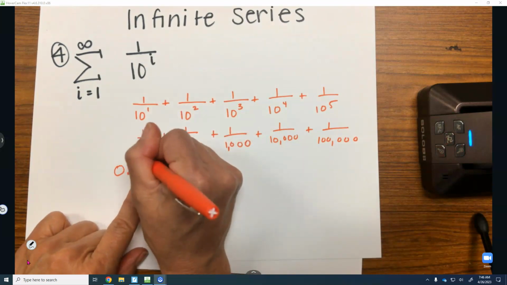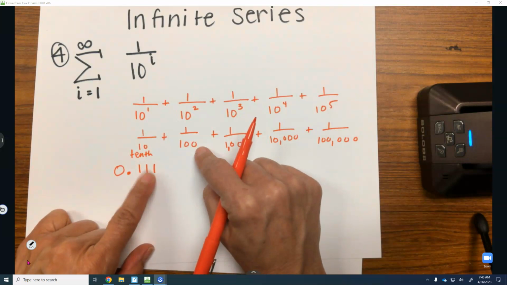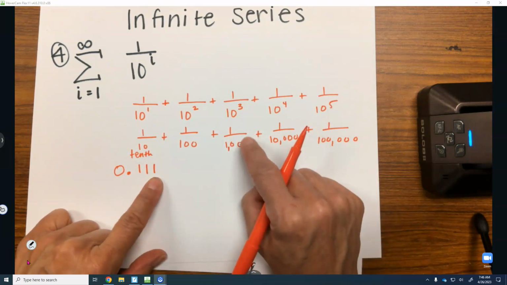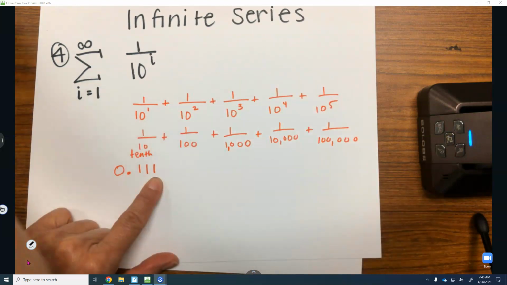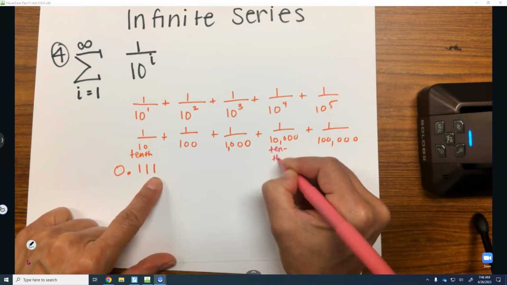This is a tenth. That's 1/10. That's 1/100th, which is right here. This is 1/1000th. Now remember, this is the 10,000ths.